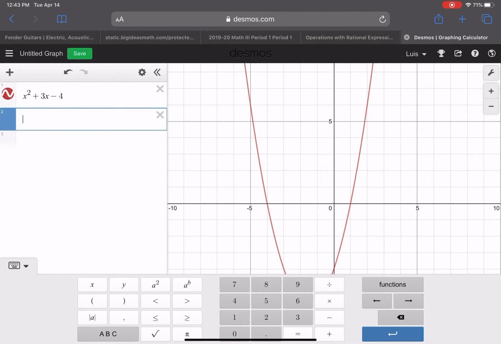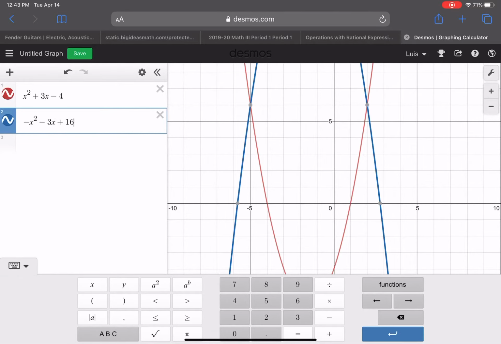You don't have to type the f and the g when you're solving equations like this. If you do, it'll still graph it and give you the same answer. So I'm going to type in my second equation, which is negative x squared minus 3x plus 16.